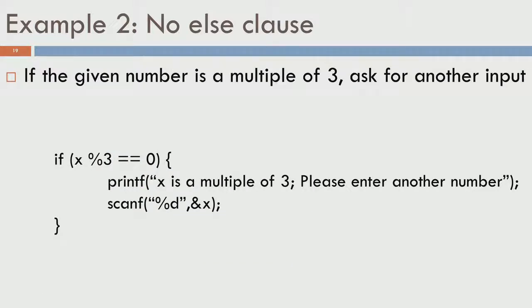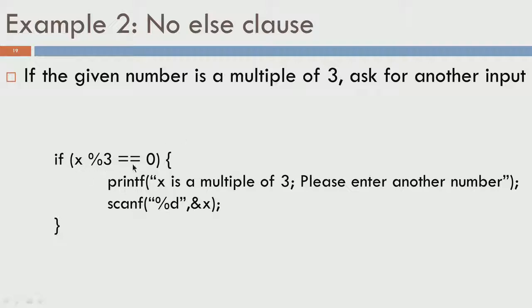Let us move to another example where there is no else clause, but it is a compound block. If the given number is a multiple of 3, let us say you want to ask the user for another input. If x % 3 is 0, you not only want to tell the user that x is a multiple of 3, you also want the user to enter another number and you should be able to scan it.